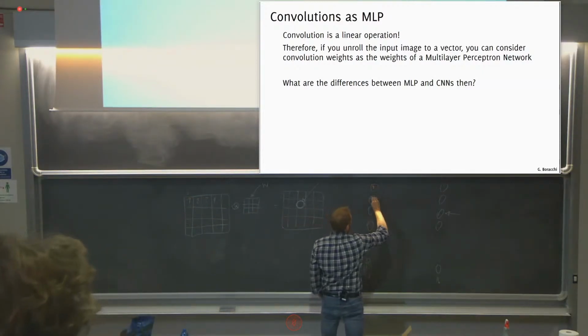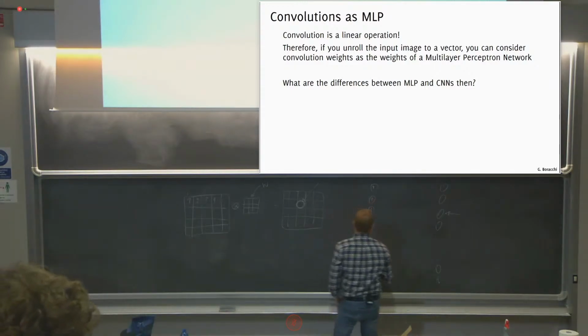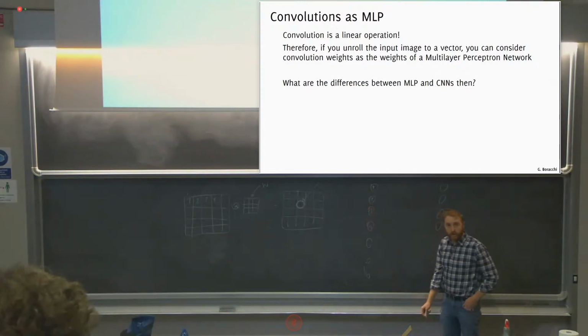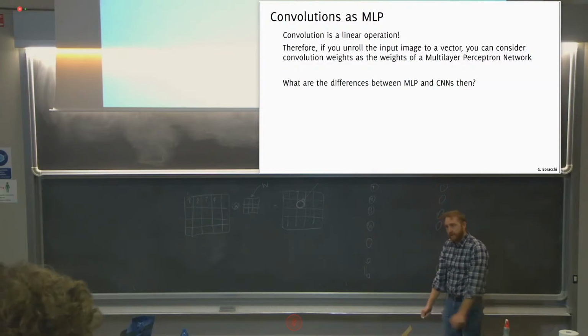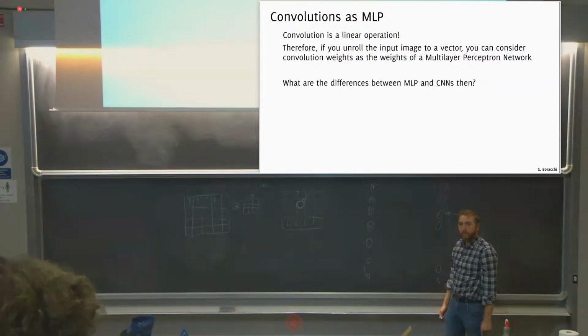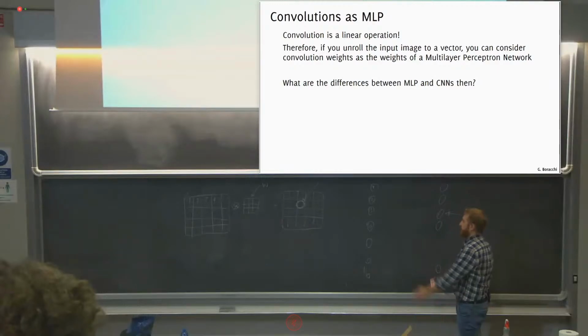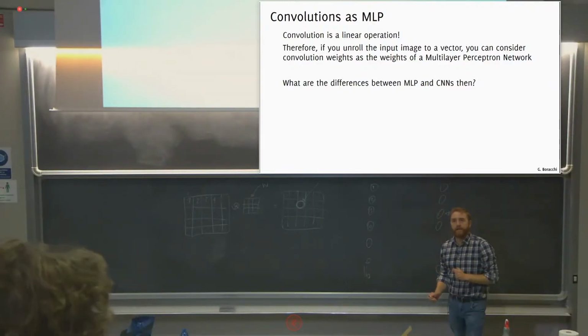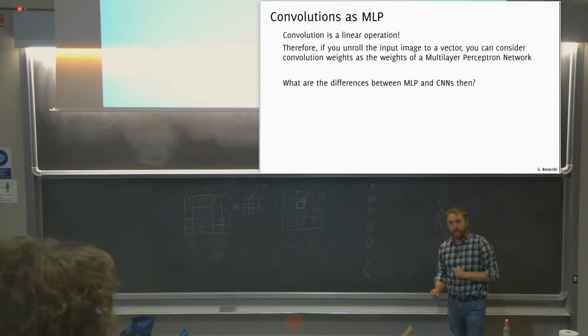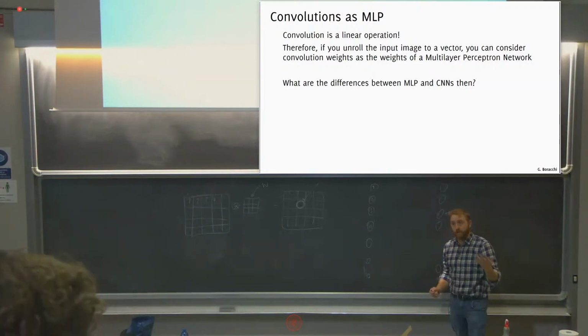So I can unroll completely my input and my output, and I can look at this as a feed-forward neural network, correct?